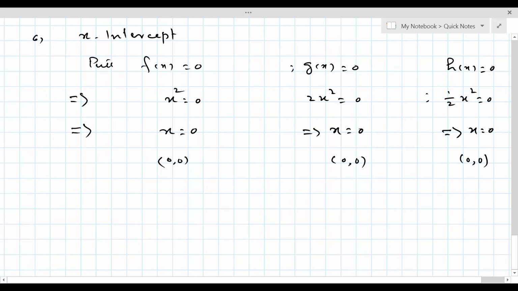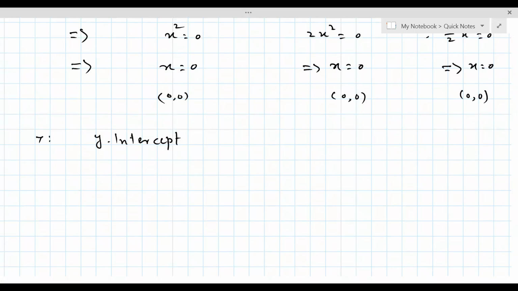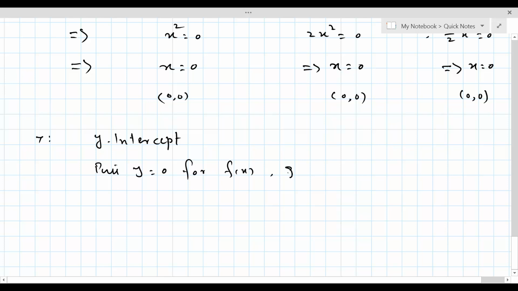If we want to find out the y-intercept, number 7, it is just like before. This time we are going to put x equal to 0 for f of x, g of x, and h of x.